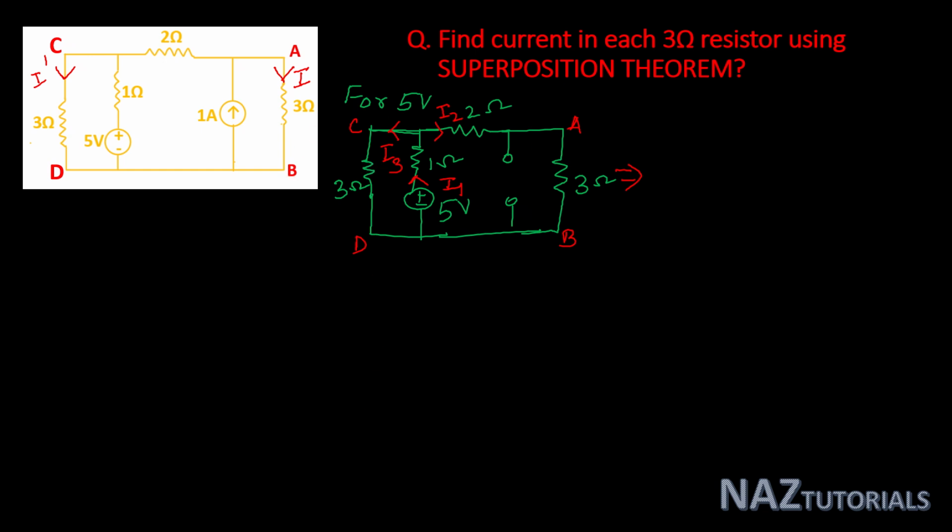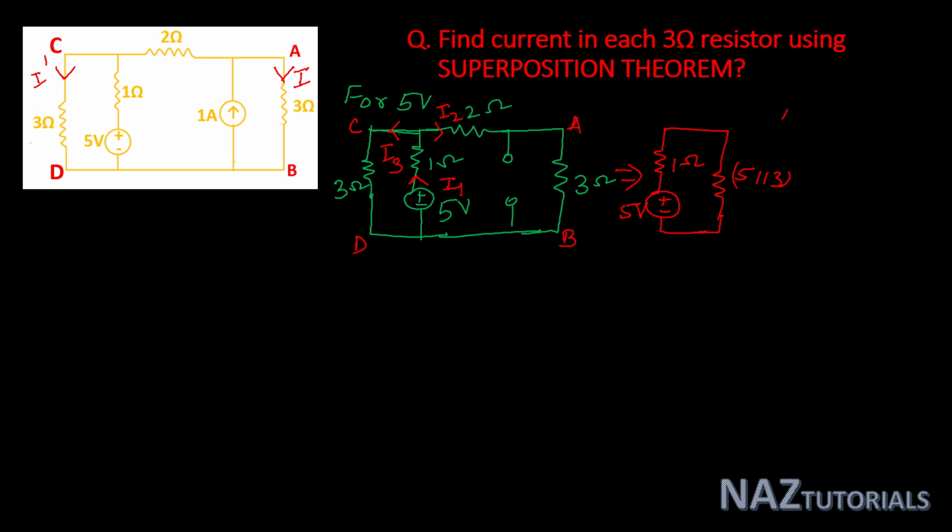So you can make the circuit by combination. This is 5-volt source, this is 1 ohm resistor. You can replace this like this, that is 3 plus 2, 5 in parallel with 3 ohm.